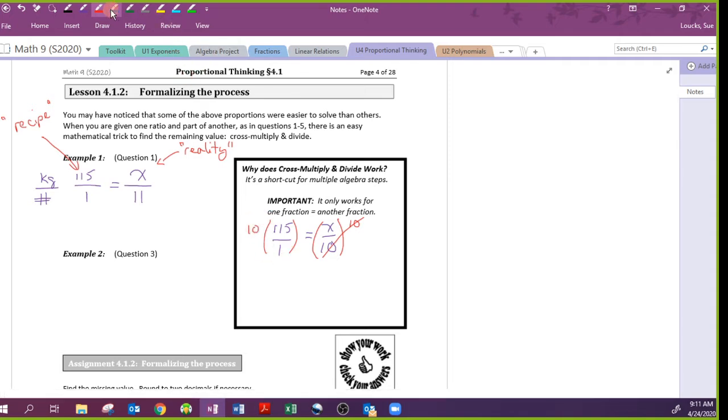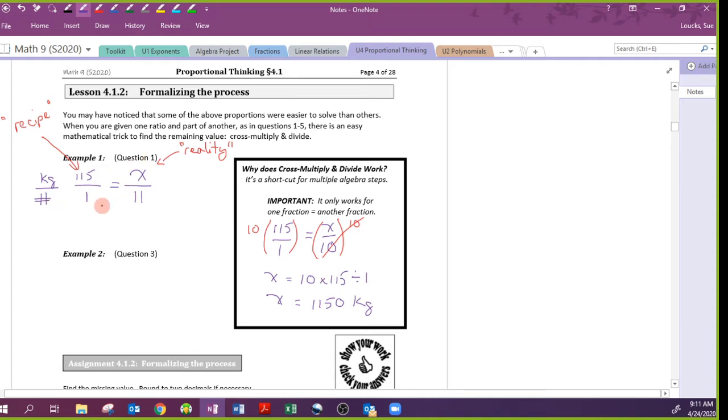What I end up with is x equals 10 times 115 divided by 1. Oh, sorry, I've got a different calculation in there. Oh, I can do this without a calculator, can't I? Yes. 1150 kilograms is my answer if I do it using algebra.